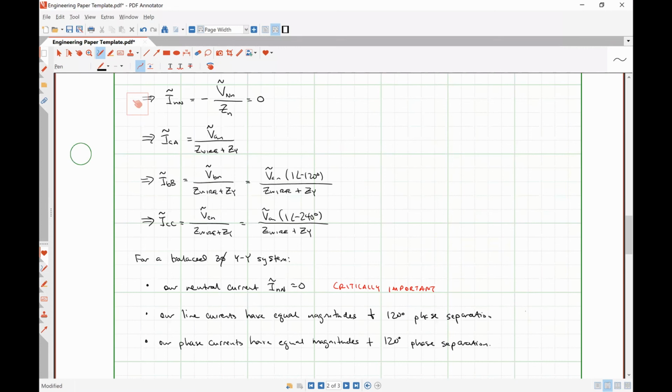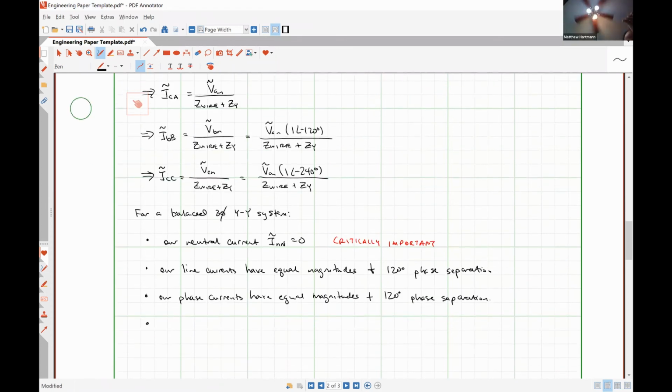From this, we can also start to intuit things about the behavior of our phase voltages. So our phase voltages at the load.